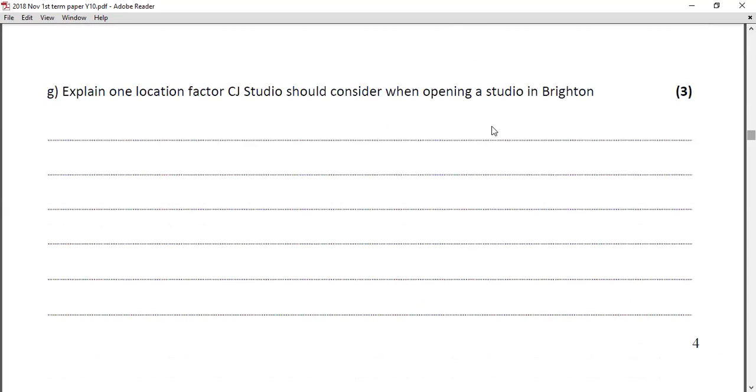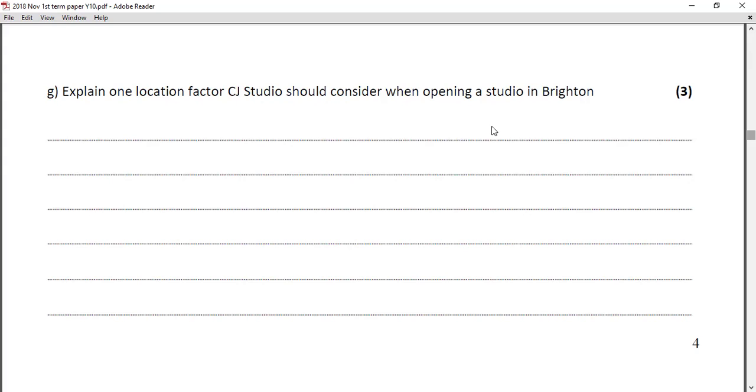We discussed location factors recently. One location factor is proximity to the market, proximity to customers, which can easily lead to more customers, and sometimes parking facilities, so they can easily take the service and go.